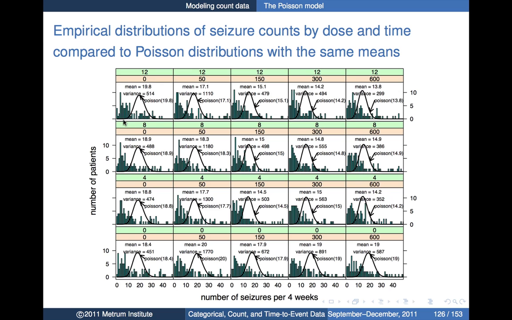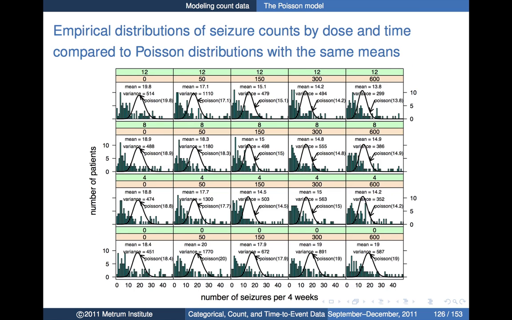That's further accentuated by what I've done: I've overplotted on each of these panels a Poisson distribution with the same mean as the observed data, and you can see that distribution does not do a very good job of describing any of the data in any of the panels here. So again, a naive application of the Poisson distribution won't work here.